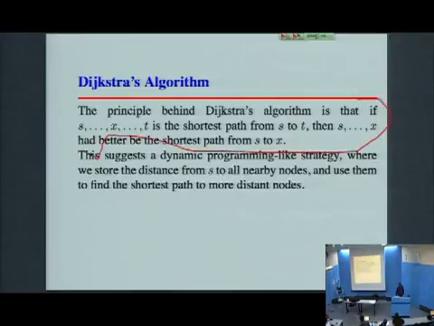If we want to find the shortest path from S to T, and it happens to pass through some vertex X, we had darn well better have the shortest path from S to X. Okay?